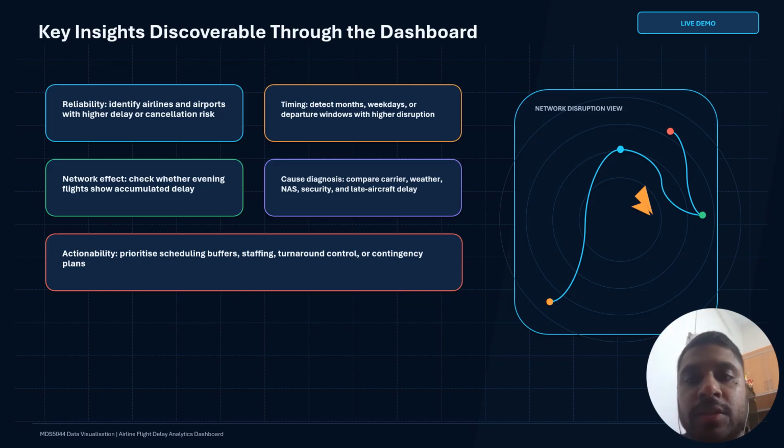The delay cause analysis helps to identify whether the issue is carrier related, weather related, NAS related, security related, or aircraft related. And the value of the dashboard is that these insights can be converted into actions such as security buffers, schedule buffers, staffing improvements, turnaround control, or contingency planning.